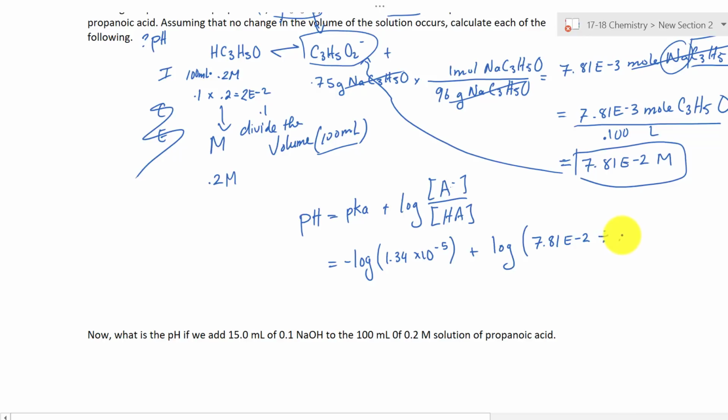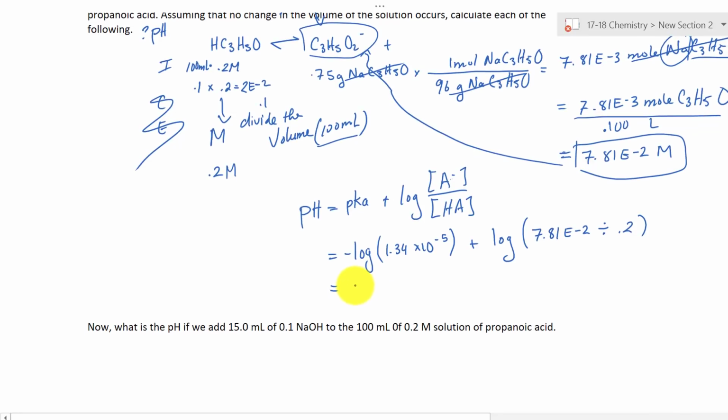That's again because we know that the change in X is really, really small, and we assume that, and that's divided by 0.2. And in the end it gives us 4.46. And that is our pH.